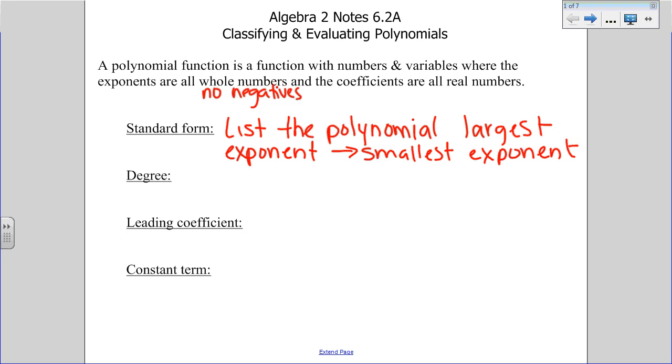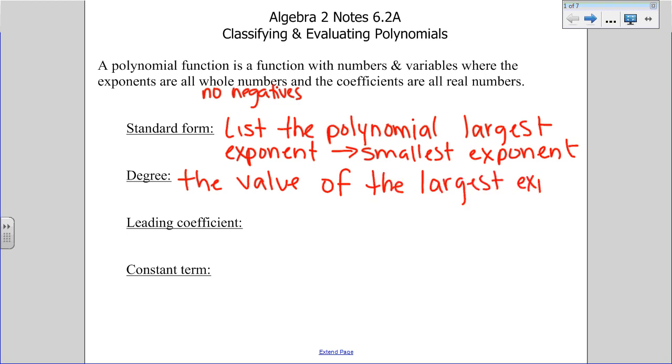The degree is the largest exponent. And I'll put the value of that largest exponent. So our quadratics had a degree of 2. Now, second degree, or degree of 2, have a special name, and those are quadratics.